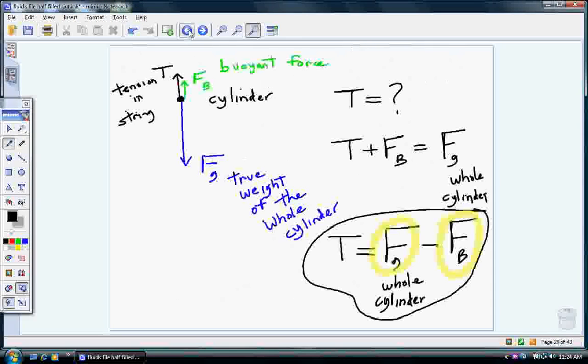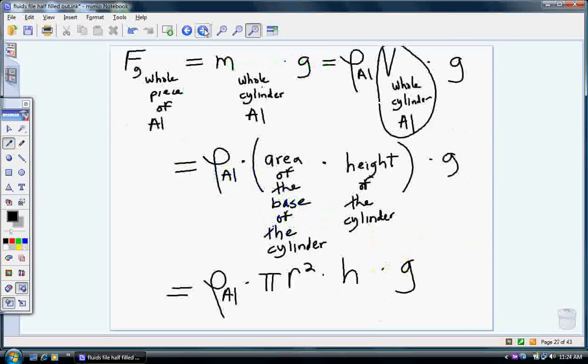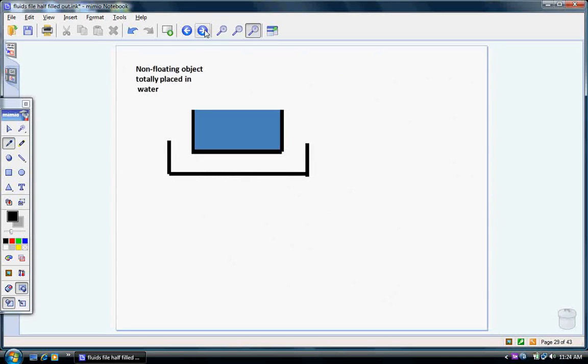Okay, so moving back, we just figured out this piece right here, the weight of the whole cylinder, and our goal is to figure out this tension here. So what do we have left to do? Figure out what this buoyant force is.